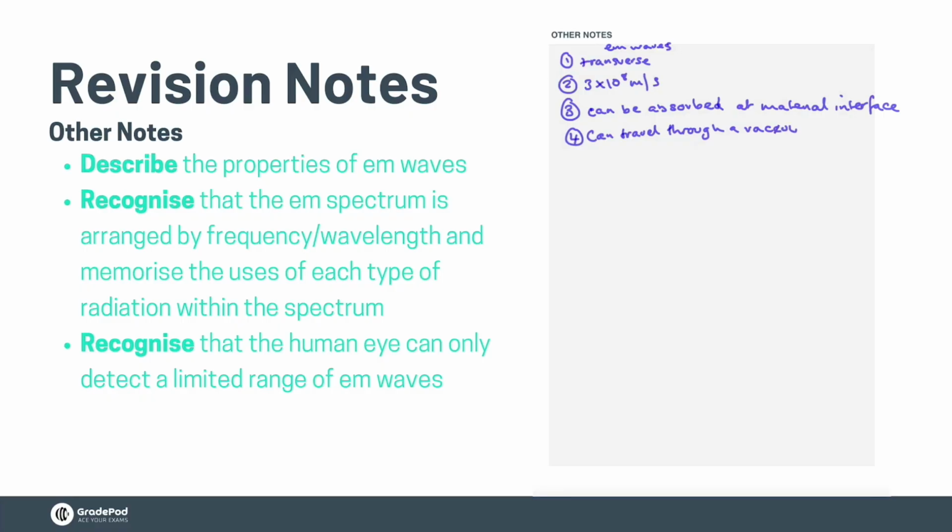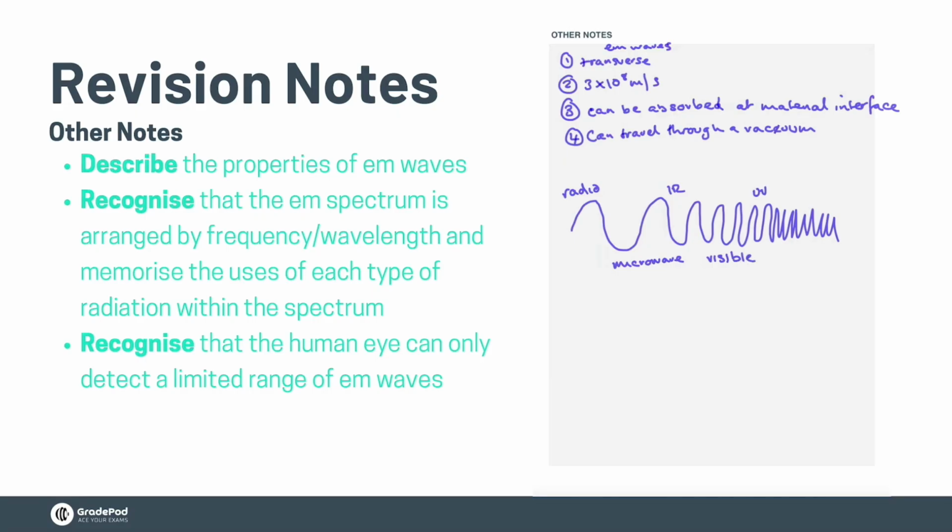Then you can either go to the common diagram section or you can just do it here and draw something that's going to help you show the electromagnetic spectrum. That's terrible. Radio waves, microwaves, infrared radiation, visible light, ultraviolet, X-rays, gamma rays.